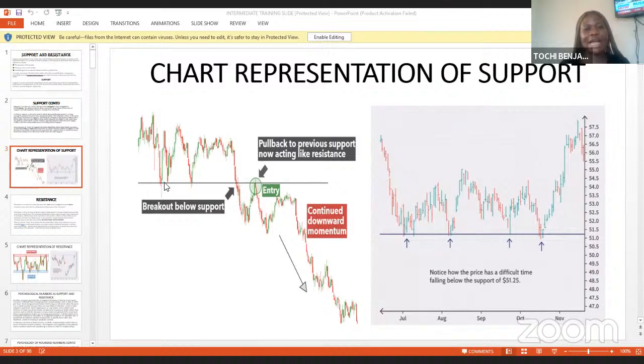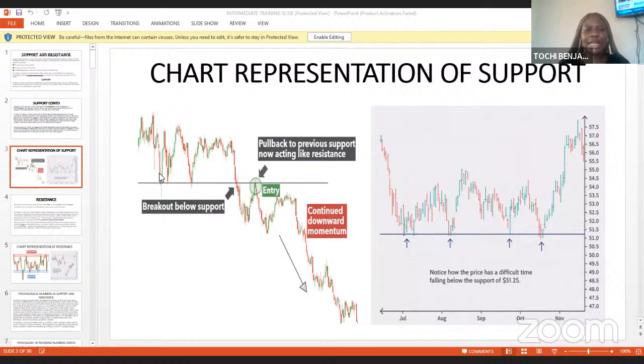You might not have identified this as a support initially, but then it came here, unable to break below. It moved up. It came back, unable to break below. It pushed price up. The third time, it still came to that zone, unable to break below. It pushed up. You can see finally it got broken.